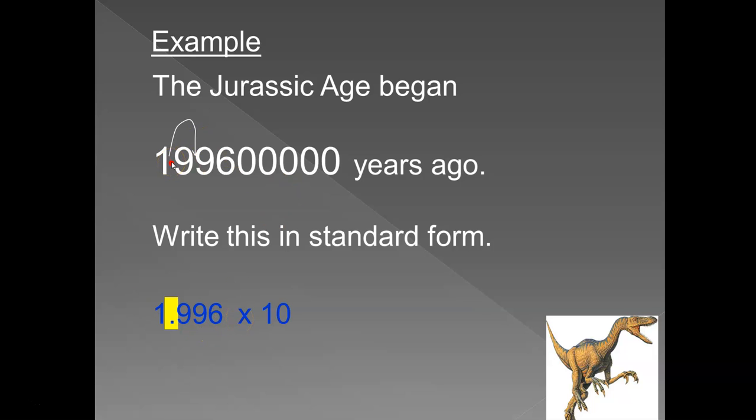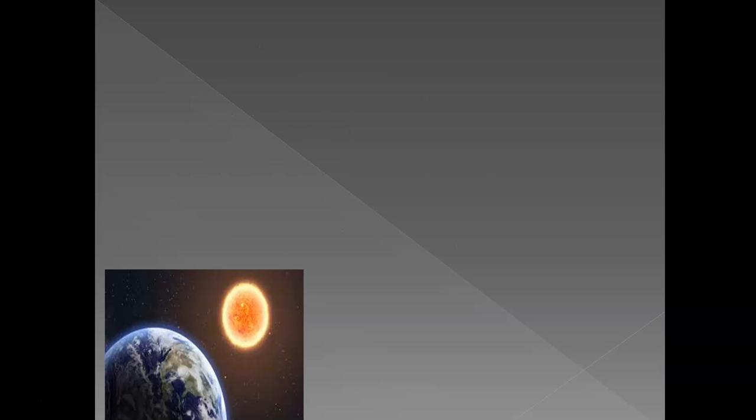So let's go: 1, 2, 3, 4, 5, 6, 7, 8. So that means our power of 10 is 8. And it's positive because we're going to the right. So that would be our answer: 1.996 times 10 to the power of 8, or 10 to the 8th power.